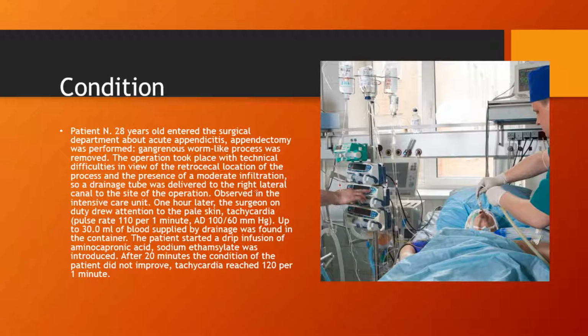In the right lateral channel to the site of the operation, we have a drainage, and there we can see up to 30 milliliters of blood supplied by drainage. What complication did the patient develop in the early postoperative period, and what is your tactics?